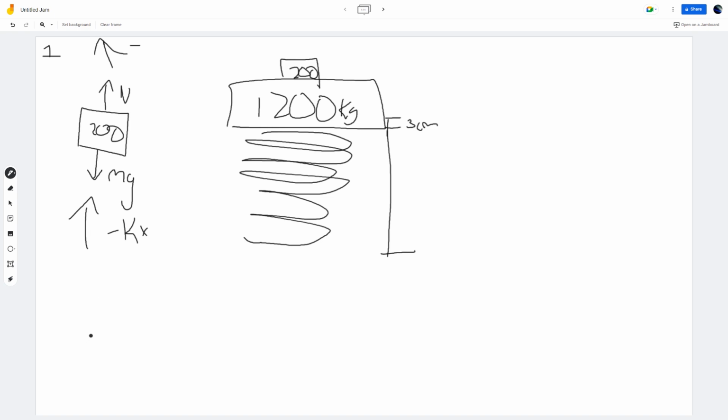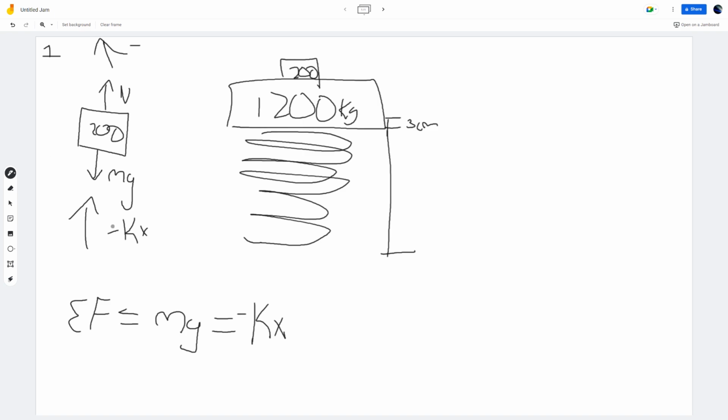Sorry, didn't mention that. So if we set up a force diagram, the sum of the forces is equal to mg minus kx, and it's not going to be moving, so mg equals kx. Only thing is, I think it's supposed to be negative.